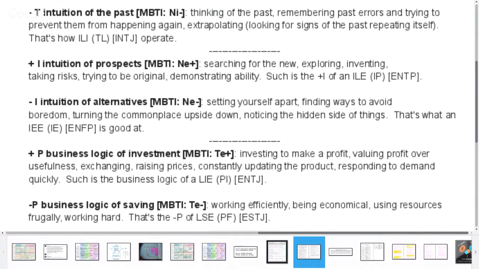Noticing the hidden side of things. That's what an IEE is good at. ENFP. Intuition of prospects. Searching for the new, exploring, inventing, taking risks, trying to be original, demonstrating ability. Such is the NE of the ILE, the NeTx.